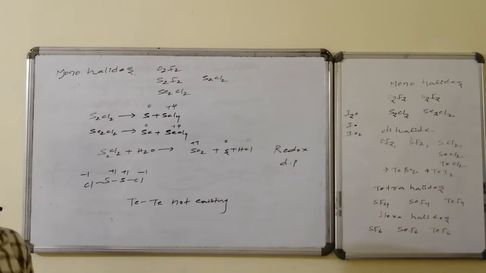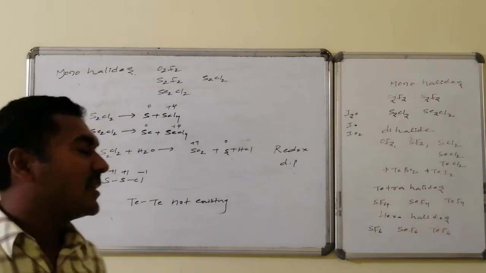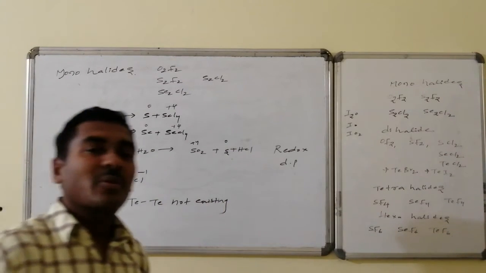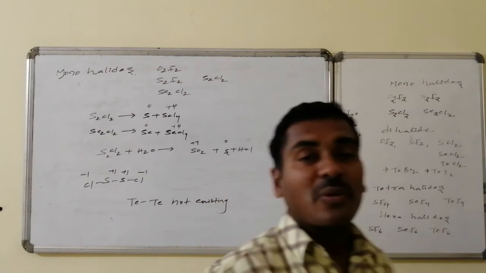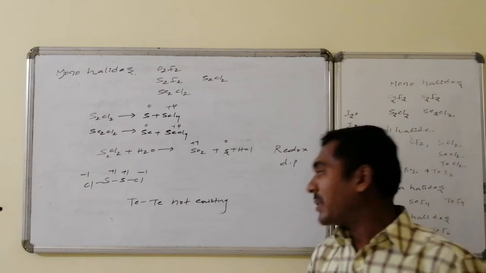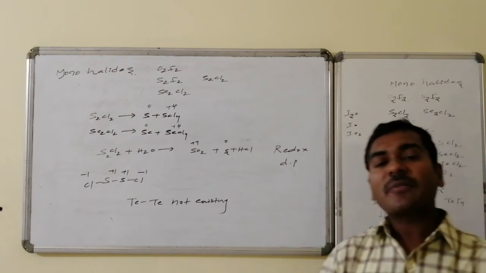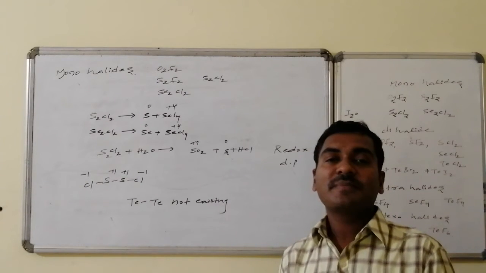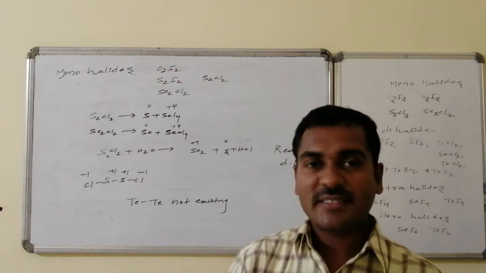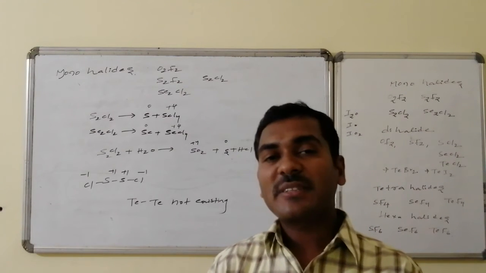Ditellurium dichloride, ditellurium dibromide, ditellurium difluoride are very difficult to expect. Hence monohalides of sulfur, oxygen, and selenium are there, but monohalides of tellurium are not, because tellurium bond energy is very small. We can't find any ditellurium dihalides of fluoride, chloride, or bromide, because the bond strength of tellurium is very low.